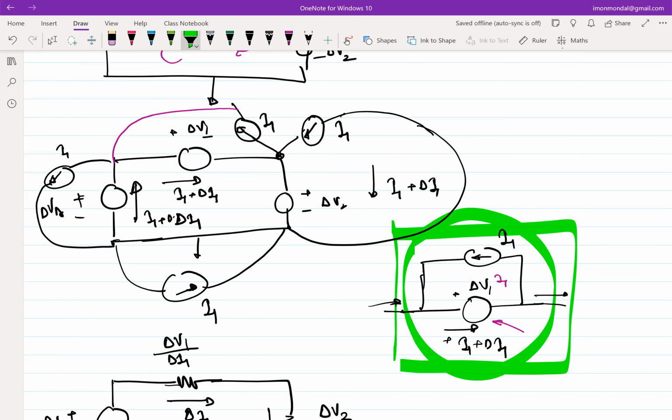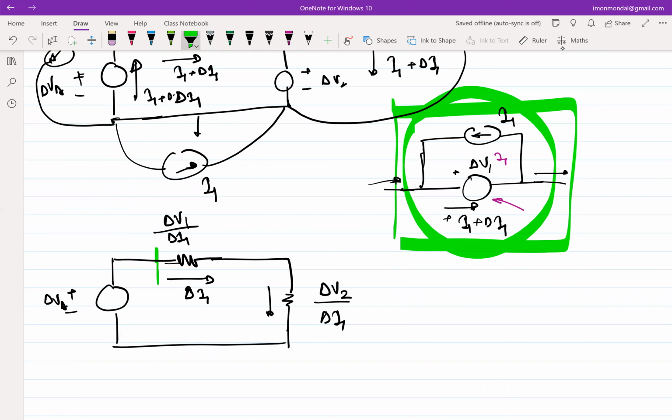When you replace that black box, you are only observing the terminals. That's all you can do; you cannot really go inside the device. When you observe the terminal, you see a voltage of delta V1 across it, and the current flowing into the terminal is delta I1.